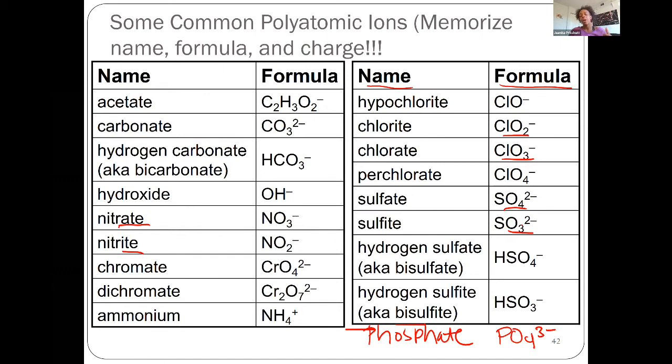Now, just because you have an ate ending does not mean it's going to end with 3, because you can see sulfate ends with 4. But when I compare within a series, sulfate to sulfite, there's only a difference of 1 oxygen. That should help you with memorizing, because if you memorize one, you by default know the other one. Okay, and so we're going to show you how we work these into your naming system.